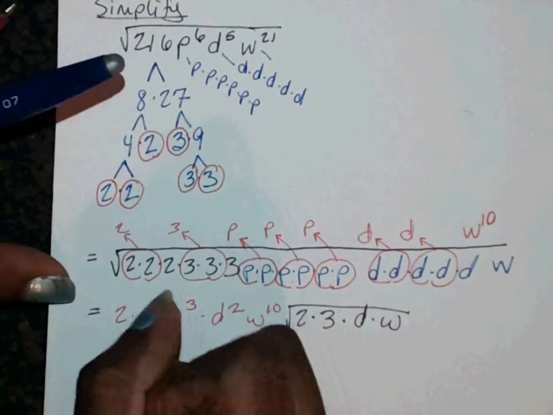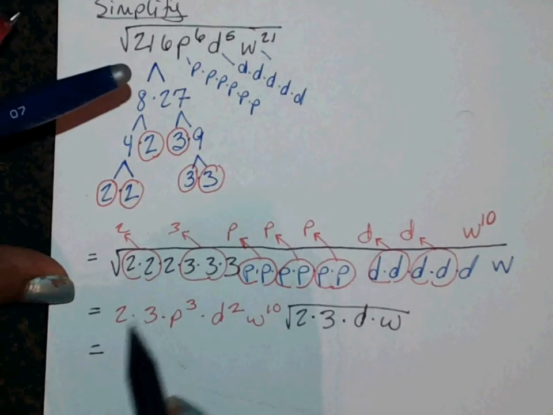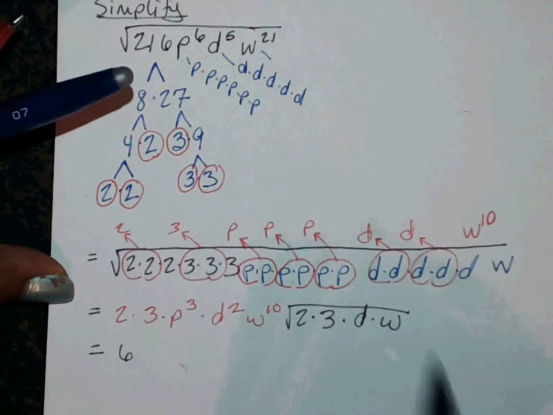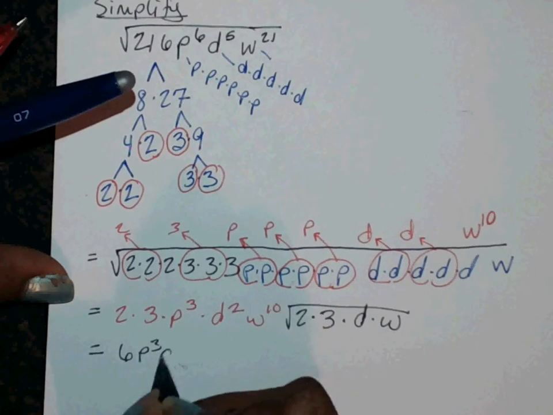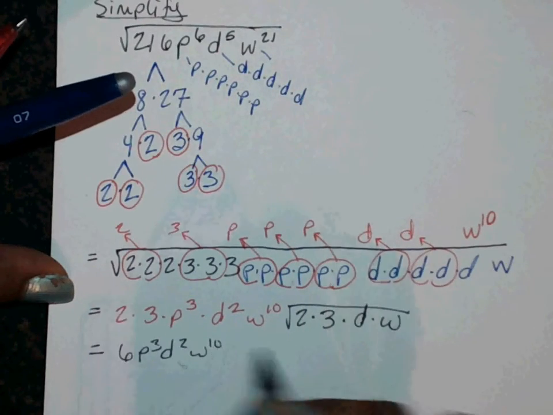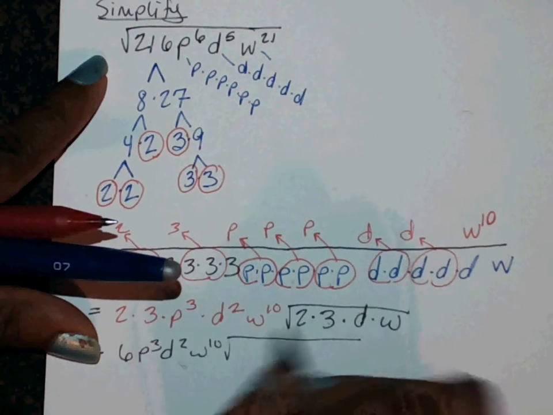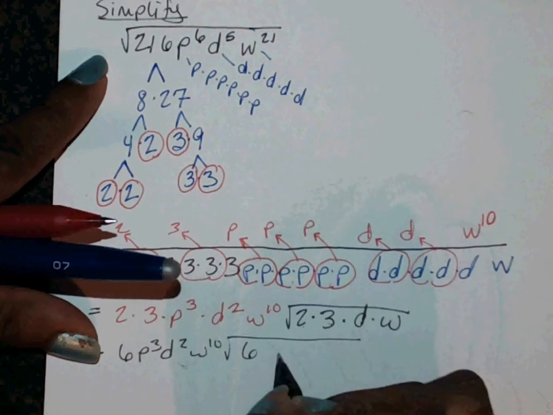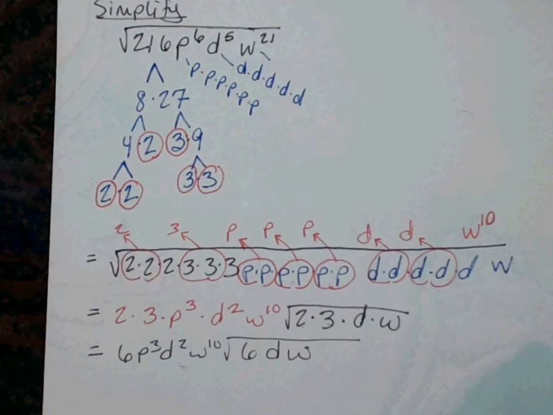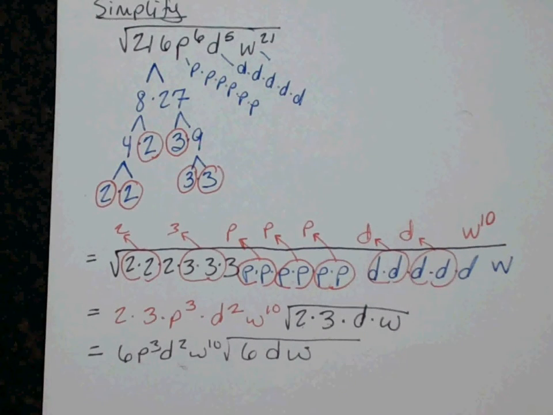So my answer: 2 times 3 is 6, p cubed, d squared, w to the 10th power, divided by 2 times 3 is 6, dw. That is my answer.